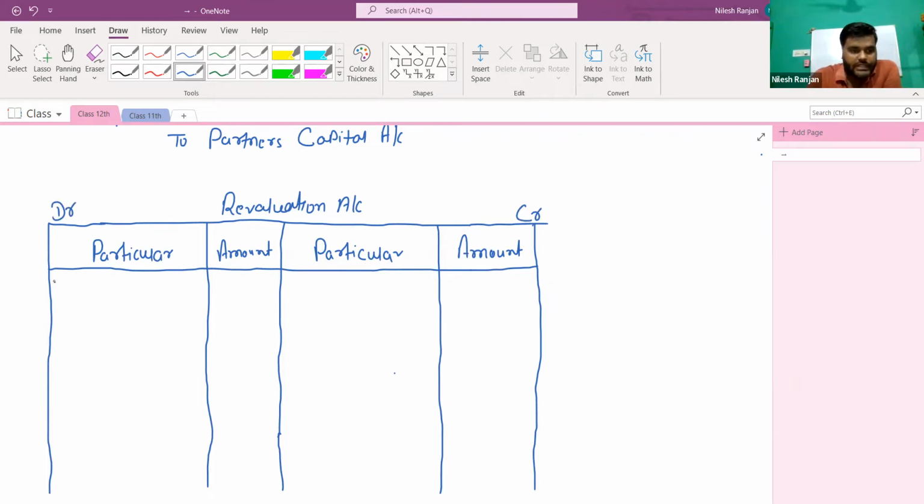If there is any decrease in assets, it will be written here, to assets account, and you write the change in value in the amount for the decrease. And if there is any increase in assets, then you write that asset's name on the credit side, by assets account, and the increase in value here.